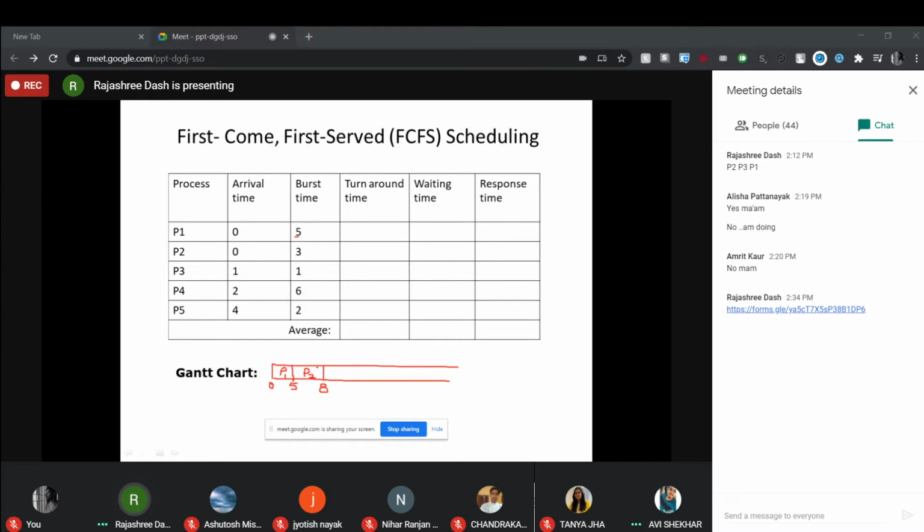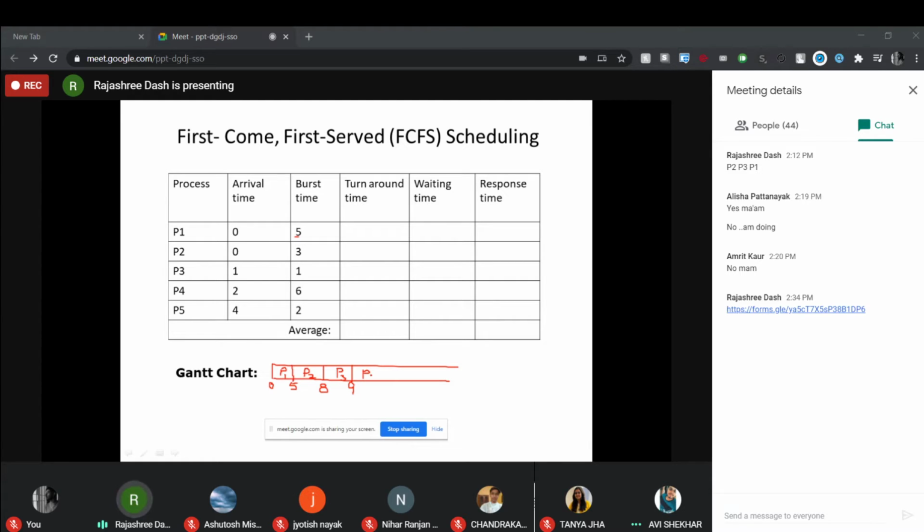After P2, the next process to start is P3. P3 will continue up to 9, because the CPU burst time is 1. So 8 plus 1, that is 9. After P3, what is the next process to start? P4.